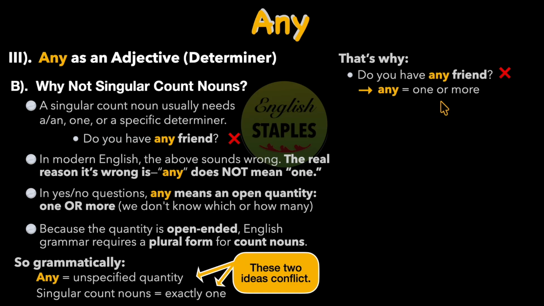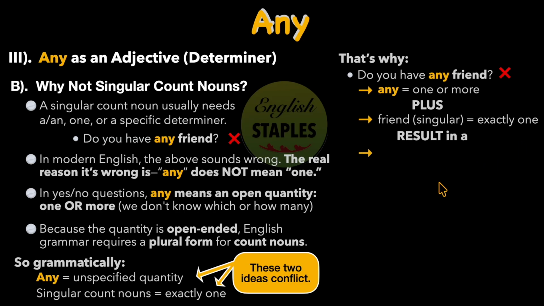Any equals one or more, plus friend is singular, meaning exactly one. This results in a logical mismatch.